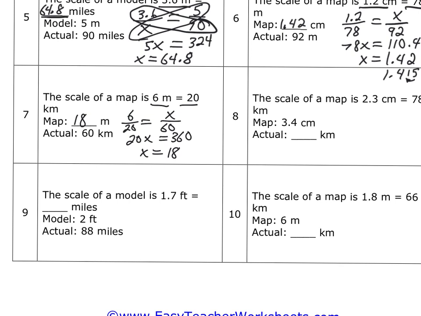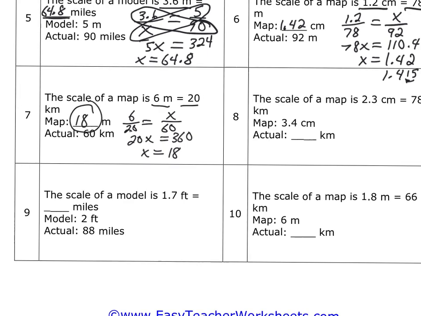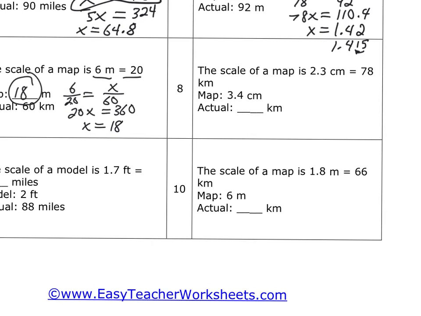Now sometimes you can see the obvious here. If that's the case, you're allowed to multiply by whatever you know 20 times the value is that gives you 60. Most of you can look at that and say, well, 20 times 3 will give me 60, so 6 times 3 gives me x. Anytime it's real obvious like that, that's all you have to do.